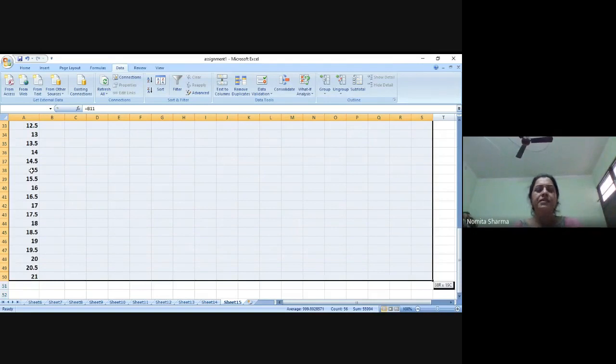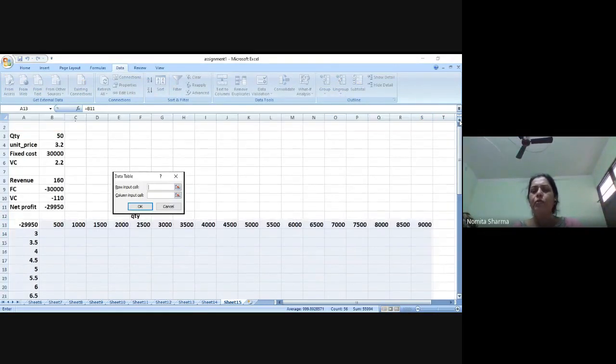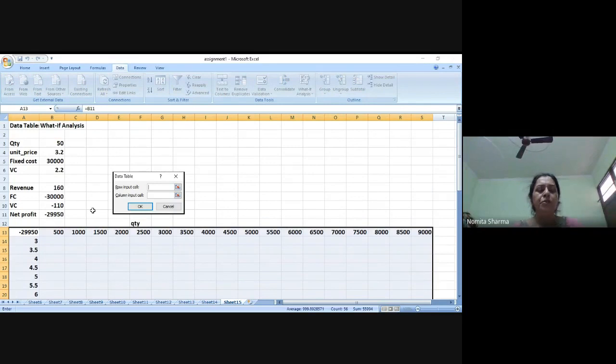Let me select this, and now I go to the Data option, then What-If Analysis, and in that I select Data Table. Please remember that before you come to this stage, you must make this matrix, because this blank matrix will now be filled after this command with the different combinations of the net profit that we can get by the right combination of quantity and unit price.